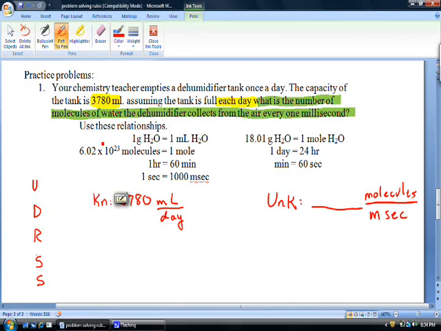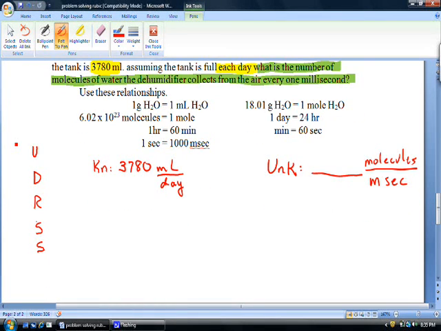And we have all of these relationships listed here, and we're going to make use of these relationships as we go through the problem. So let's now put down our relationships that we have.